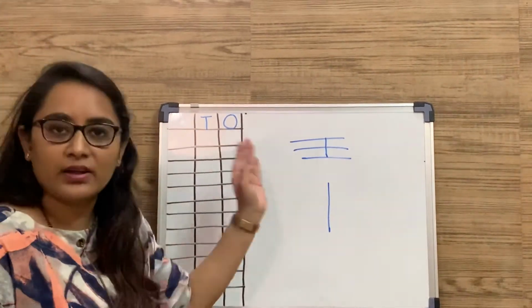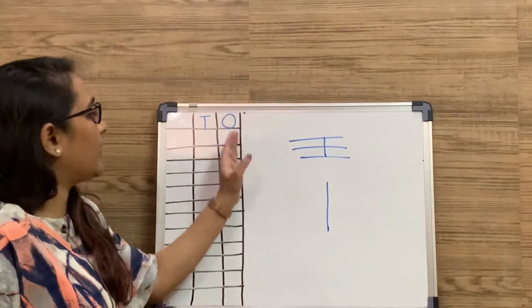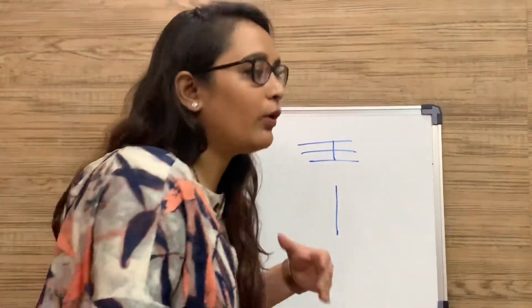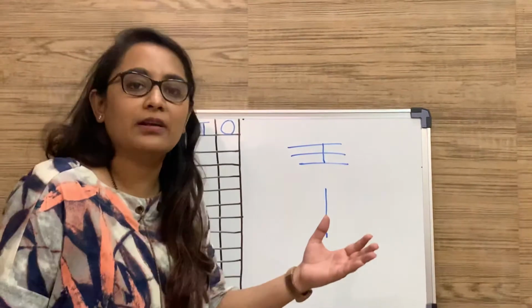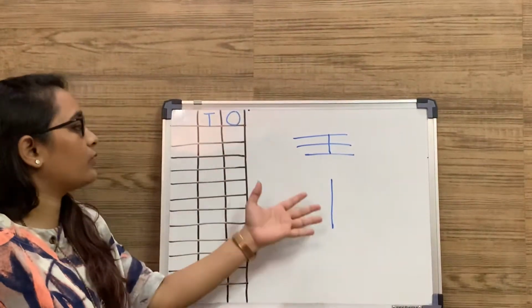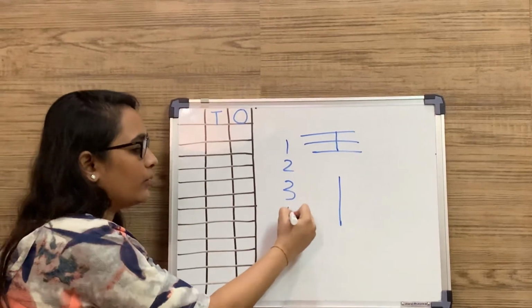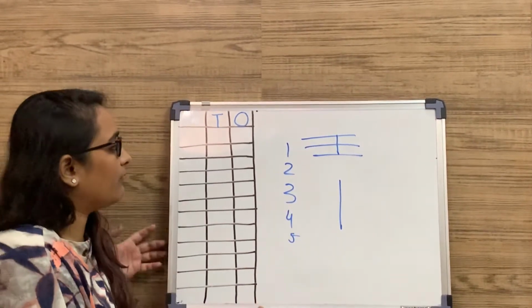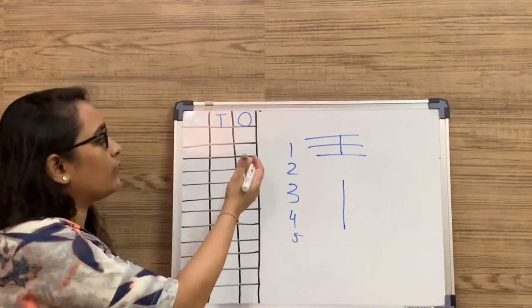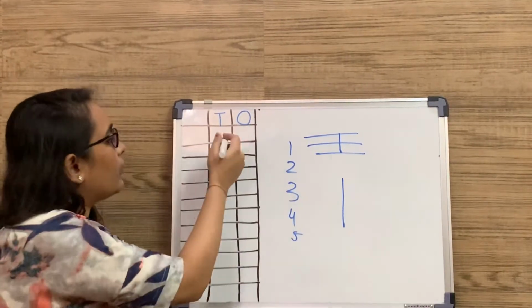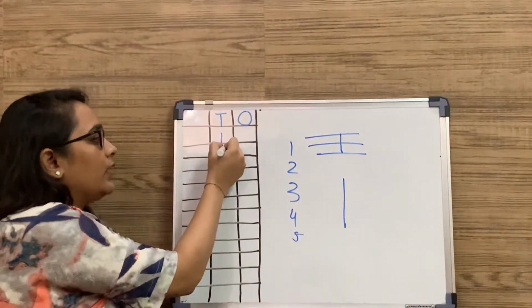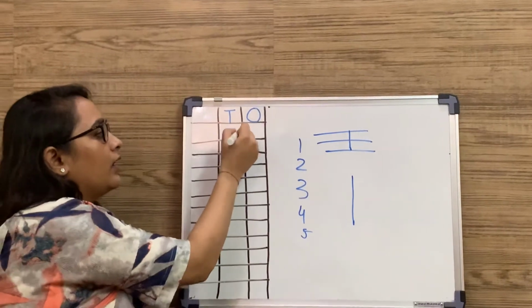Whenever we write a single digit number, we always write it in the ones place. Firstly, we tell students to write 1 2 3 4. If we ask them where to write, in the tens place or in the ones, they will always say, "Oh, 1 is to be written here, 2 here, 3 here."